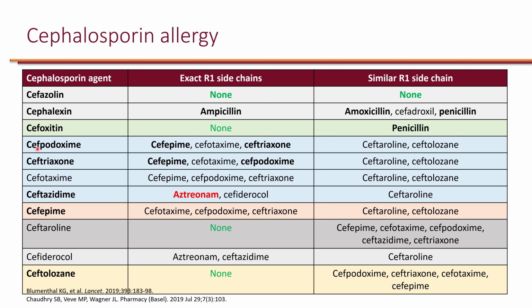Cefoxitin with penicillin, cefpodoxime with cefepime and ceftriaxone. Ceftriaxone, cefepime, and cefpodoxime pretty much share the side chain. So those are best to avoid when one of them is causing a severe reaction. Ceftolozane has similar side chain with cefpodoxime, ceftriaxone, cefotaxime, and cefepime as well.